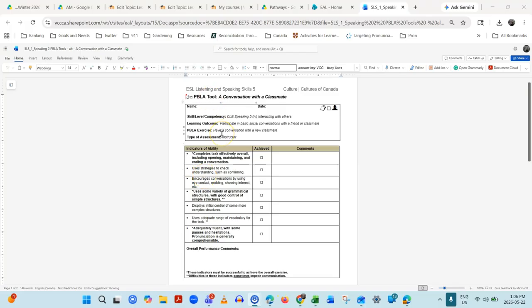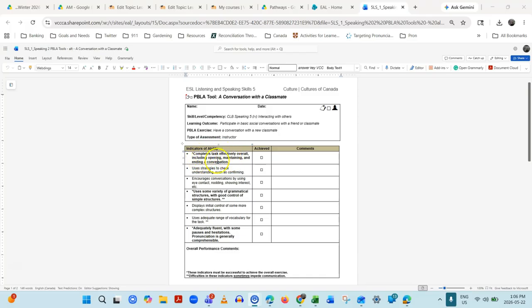So here's the PBLA tool, and we can see there are 1, 2, 3, 4, 5, 6, 7 indicators of ability. So students need to achieve 5 out of 7 indicators of ability. And they must also achieve the bolded indicators.